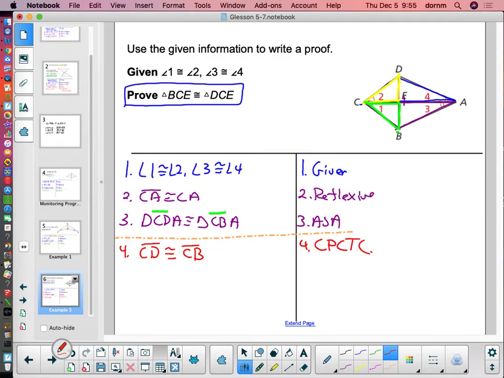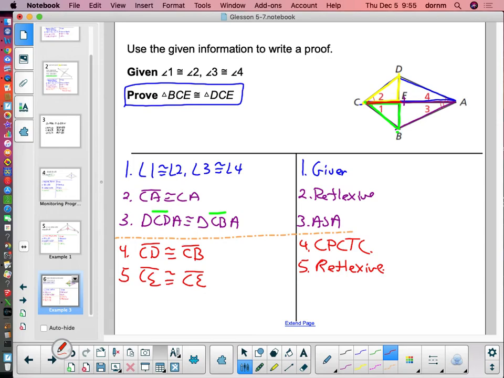Okay, and we have that reflexive side right here, CE. No, we did CA. Yep, that's why this is a tricky one. Isn't that the same line? It's still reflexive. It's the same line, not the same segment. CE is the short part, CA is the whole thing. Segments have to have exactly the same beginning and end point.